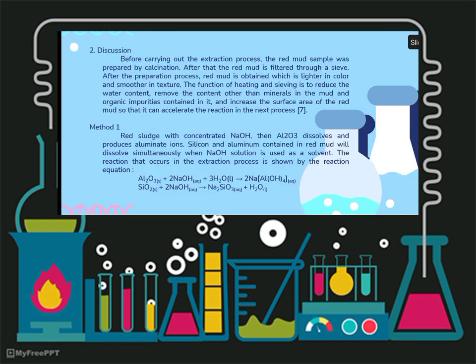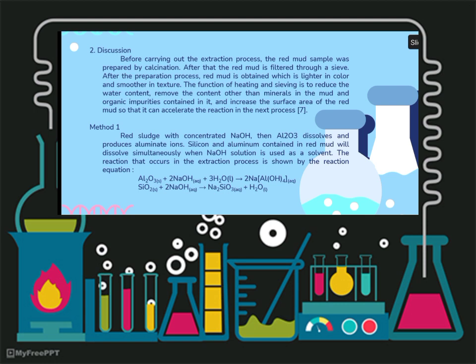Discussion. Before carrying out the extraction process, the red mud sample was prepared by calcination. After that, the red mud is filtered through a sieve. After the preparation process, red mud is obtained which is lighter in color and smoother in texture.